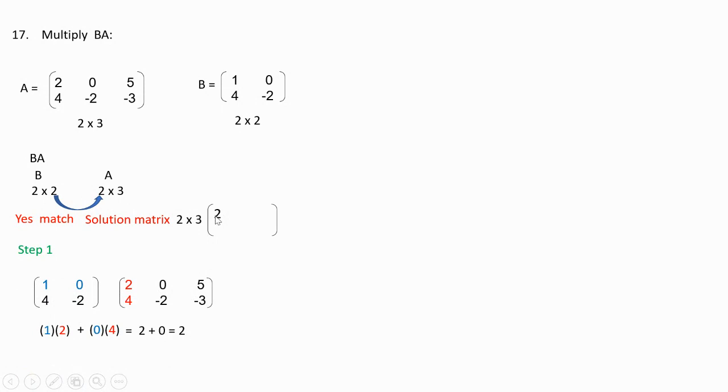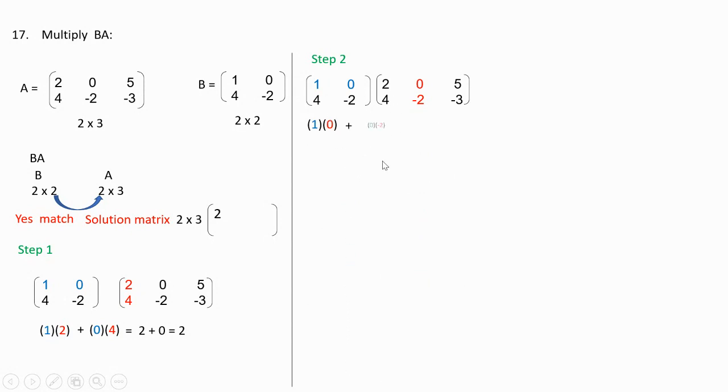So my first row, first column element will be 2. Now for step 2, we multiply the first row times the second column. You see now the second column is in red. So it's 1 times 0, which is 0, plus 0 times negative 2. That gives us 0 plus 0. The answer will be 0. So my first row, second column is going to be a 0.